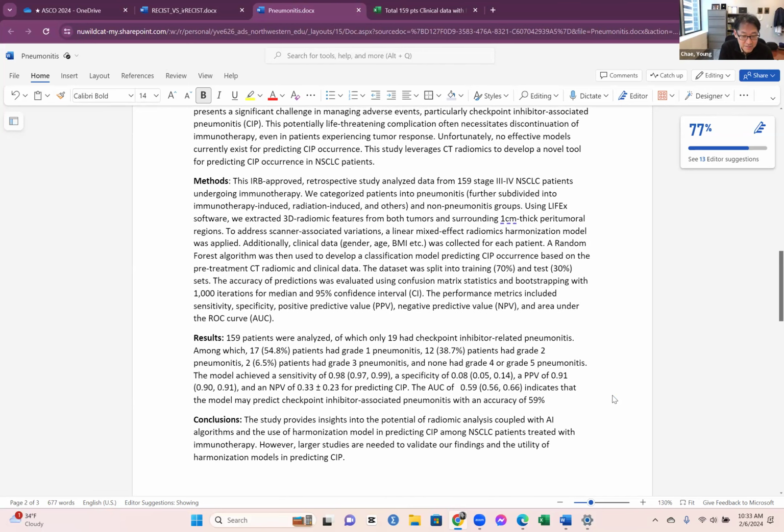Okay. Yeah, this is much better than where we were. I just wish they explained what harmonization means. We'll try to address scanner associated variations. Okay, I think that's enough then.